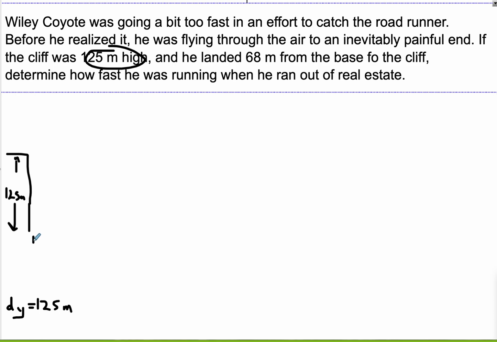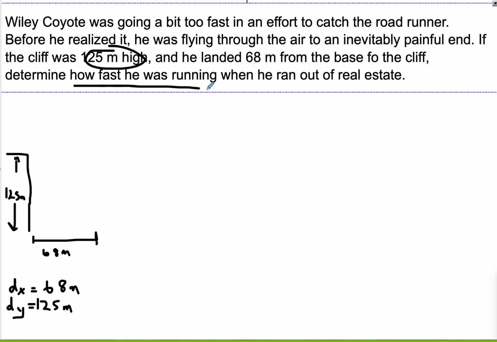Now, he's going fast enough that he lands 68 meters from the base of the cliff. Now that is the range, and that's also dx. That's the horizontal distance he lands from the base of the cliff. So dx is 68 meters, dy is 125. Now this problem only has us solving for one thing.